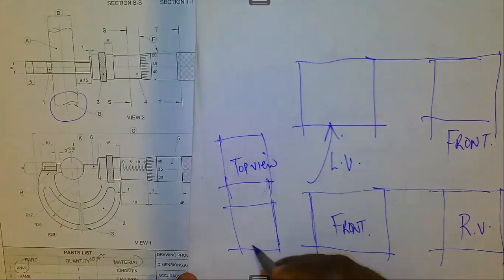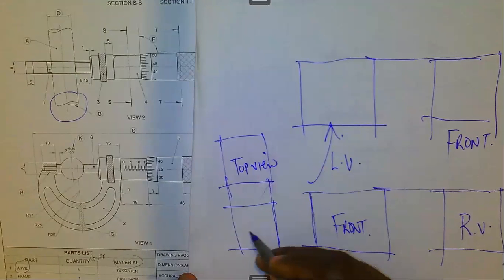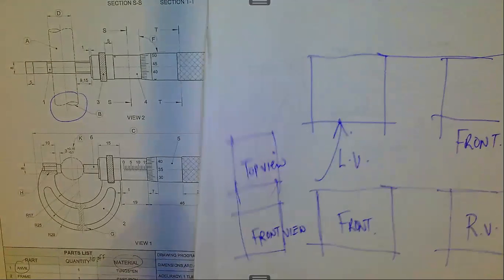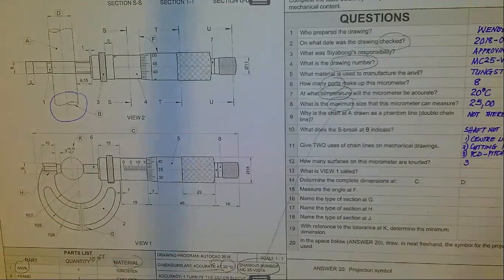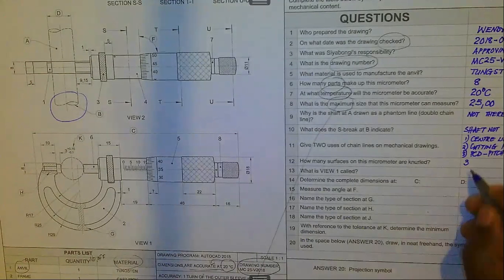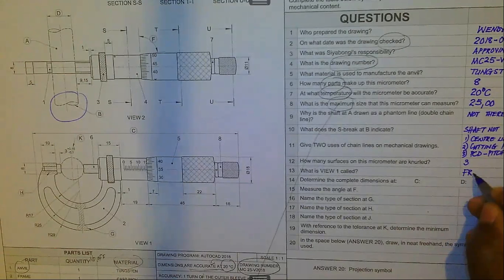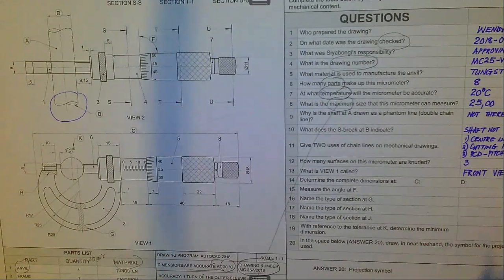All that needs to be understood in order to appreciate mechanical drawing. So view 1 would be the front view. So you write nicely, front view like that.